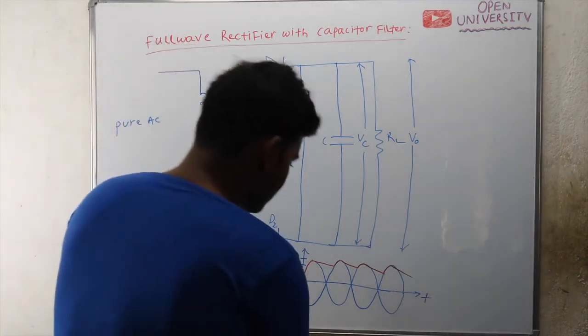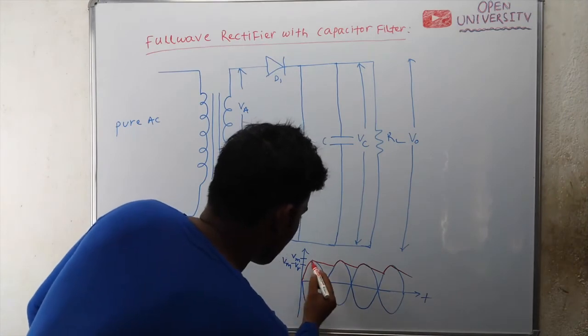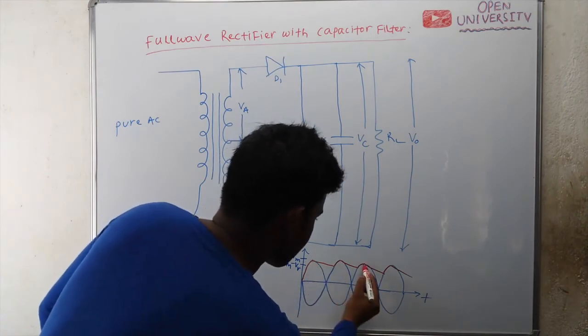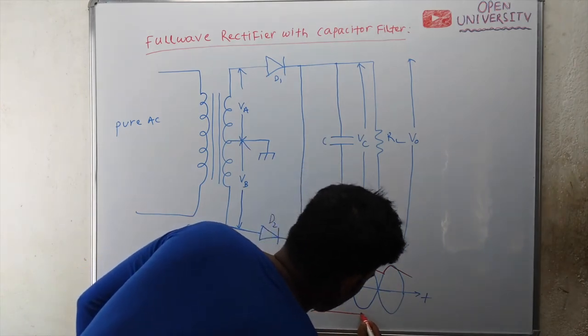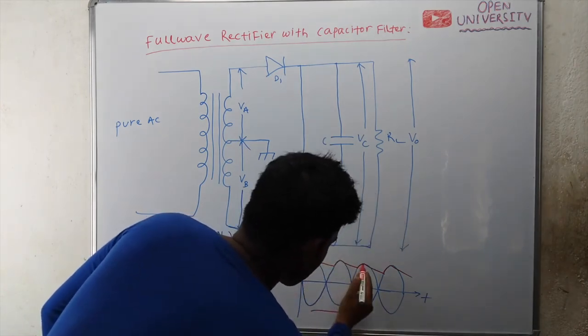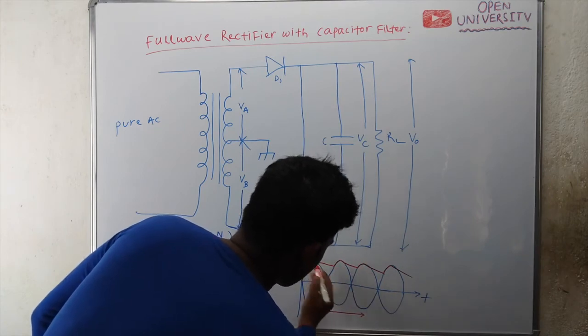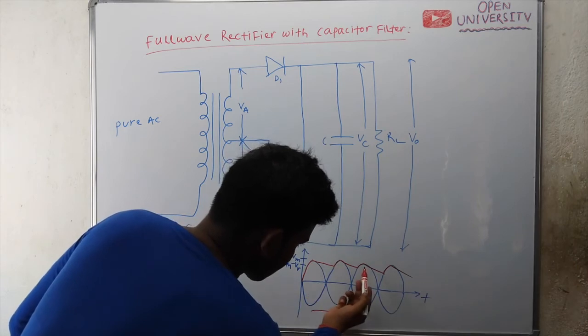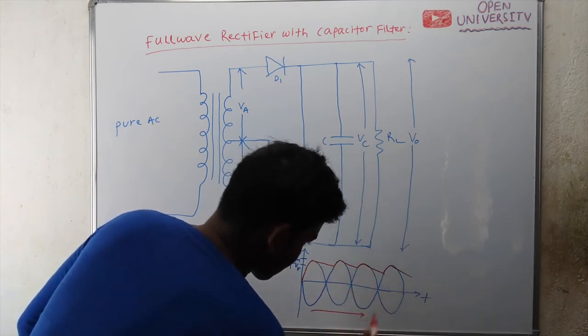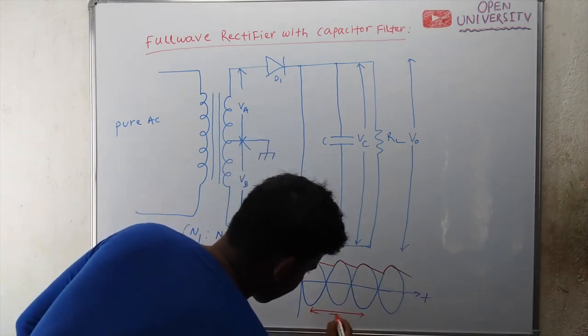What is the time period of the waveform? From one peak to the next peak is one time period. This is the first peak of the input value VA, the next peak is here, so this is your time period T0.